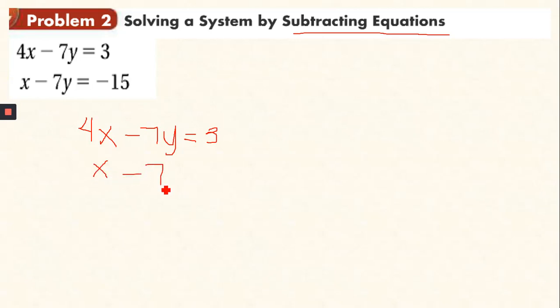Okay? Try to observe the first equation. What is the coefficient of x? It is 4. How about your x here? It is, you cannot see any number here, but then that is positive 1. Okay? So this is 1.